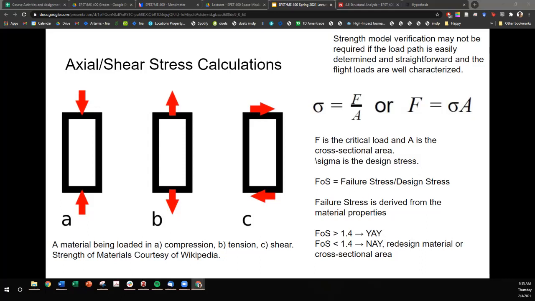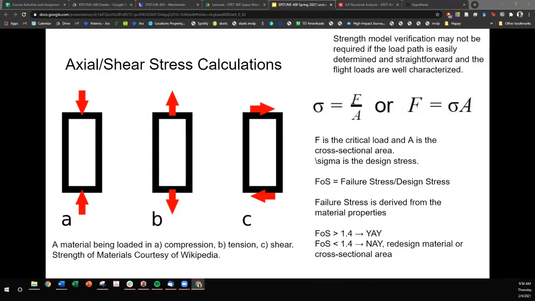Your factor of safety is failure stress over design stress. So your design stress is what you actually plug in, or your design load, F, is what you plug in. Your design stress, if you know that number, you can plug in, although load is easier to physically measure.